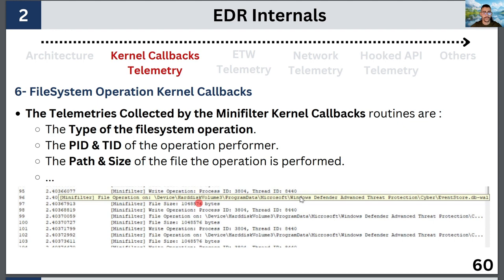And the TID of the initiating thread captures the thread ID responsible for requesting the handle operation. Additional metadata can include access flags that help in detecting suspicious process handle manipulation.